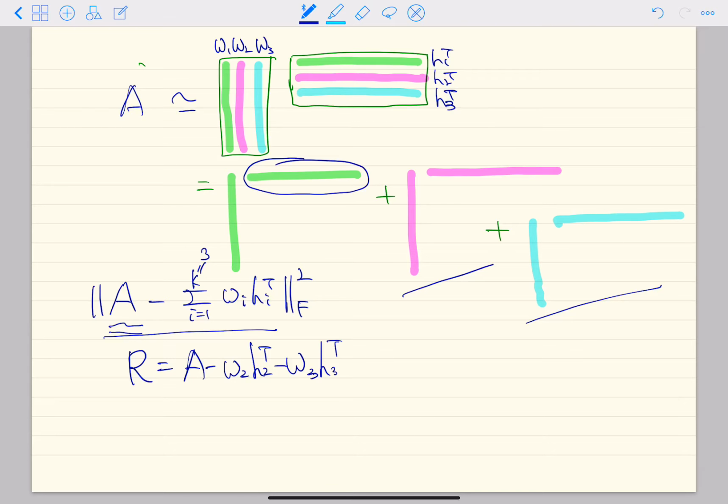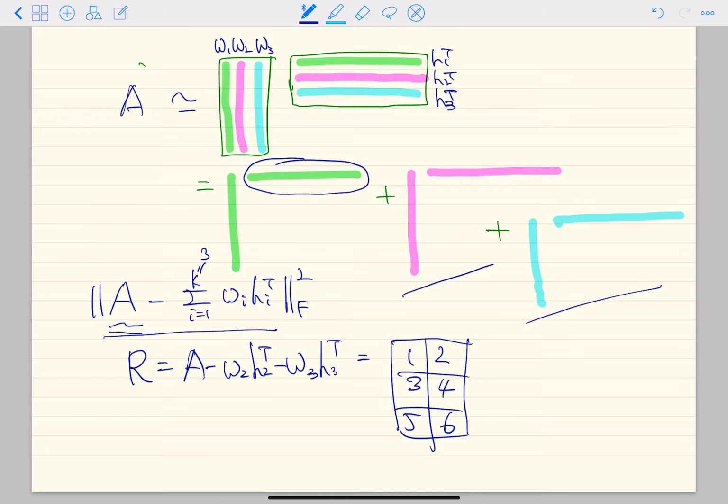Okay, then suppose this matrix is maybe a 2 by 3 matrix, and this one is maybe 1 2 3 4 5 6.